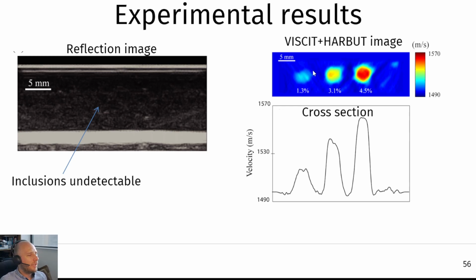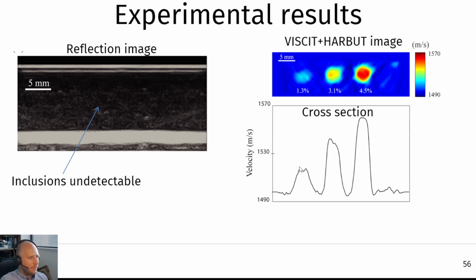However, if we then put into each of these the different ethanol water ratios, and we look at the transmitted components, what gets reflected off the back wall back to our measuring array, you can see that we get this reconstruction like this. It's 1.3%, 3.1, 4.5%.